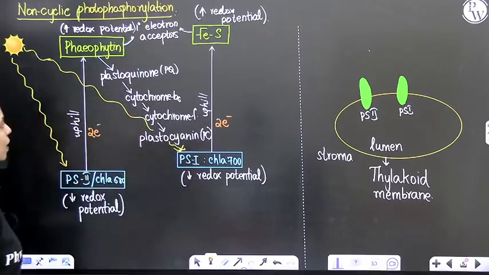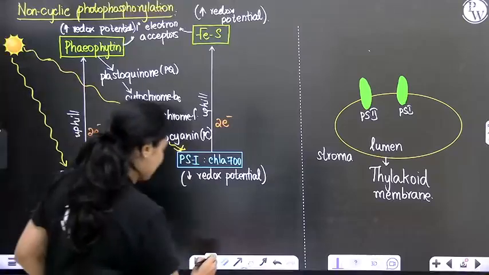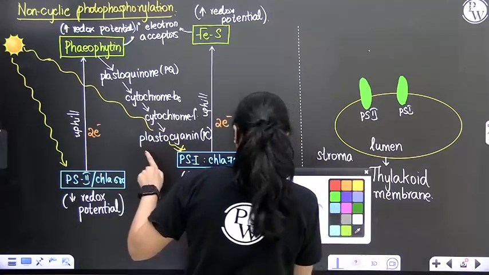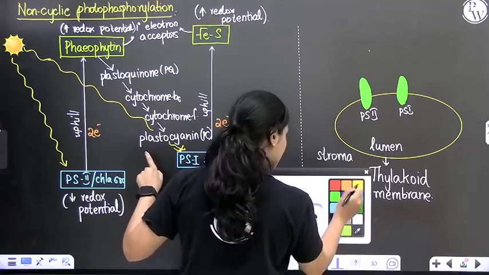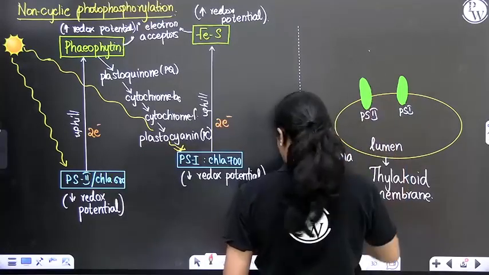Okay. Now, where is plastoquinone present? Plastoquinone is present right here in the membrane.